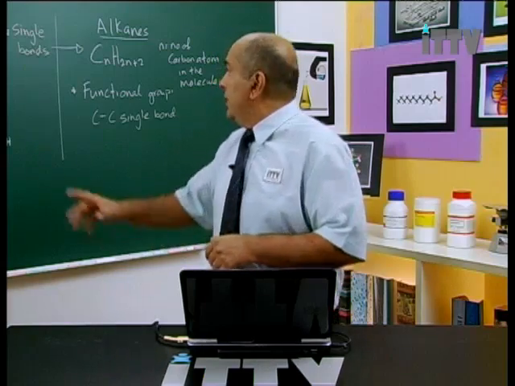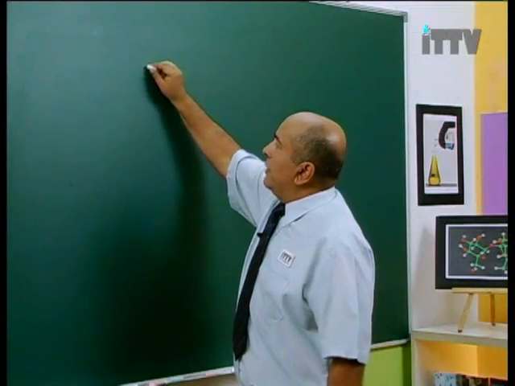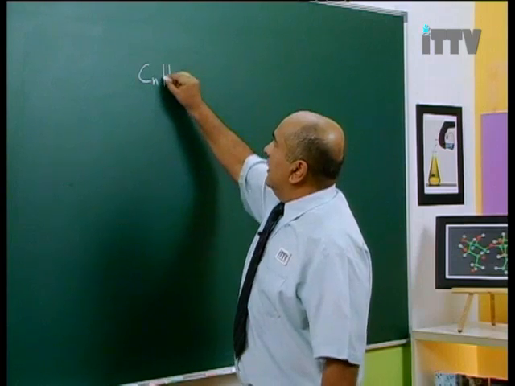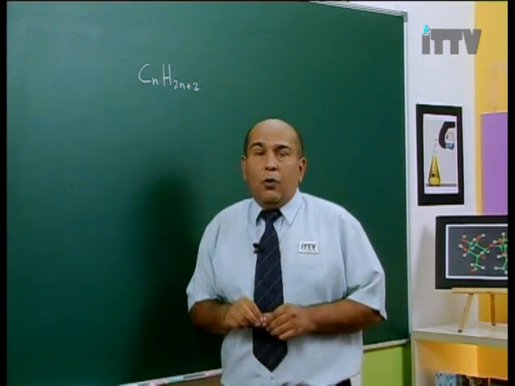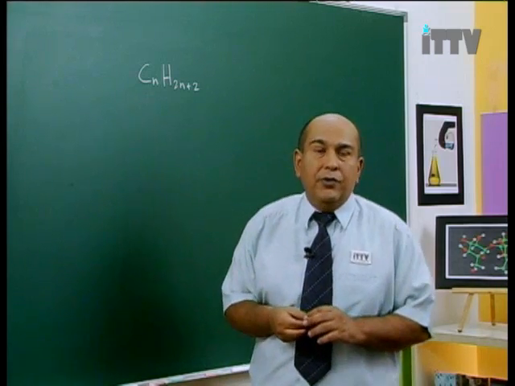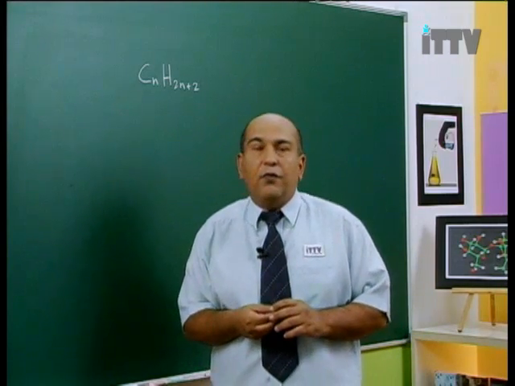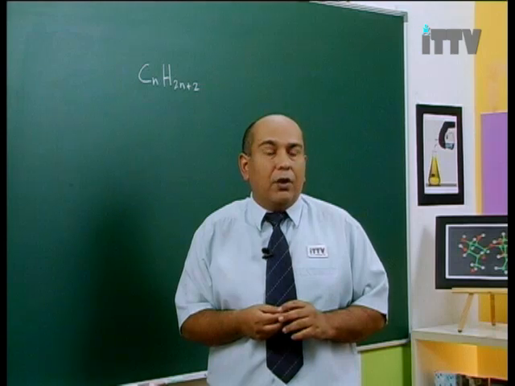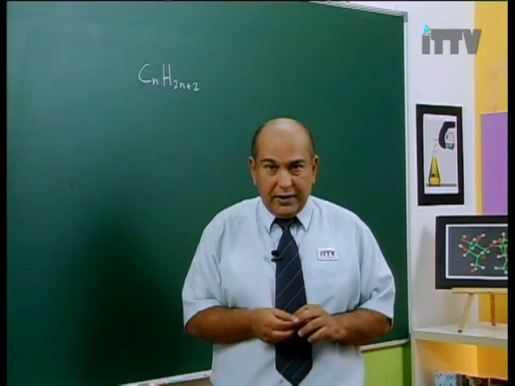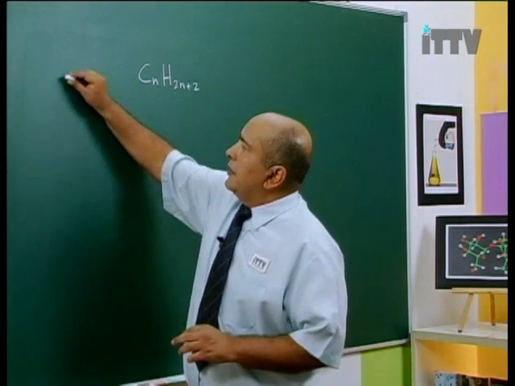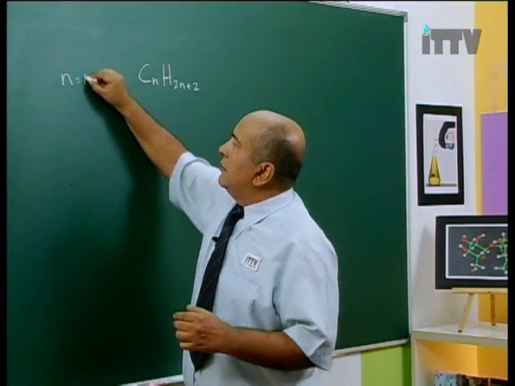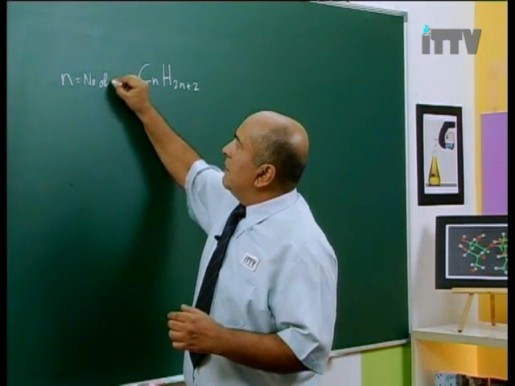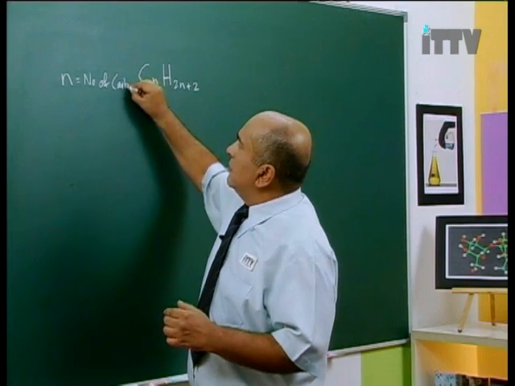But before we do that, let's just clear the board once again. So as we said, the general formula is CnH2n+2. Now, when we name our organic compounds, we have a system for naming based on the number of carbon atoms that are present. So over here, this is n, which represents, like we said, the number of carbon.